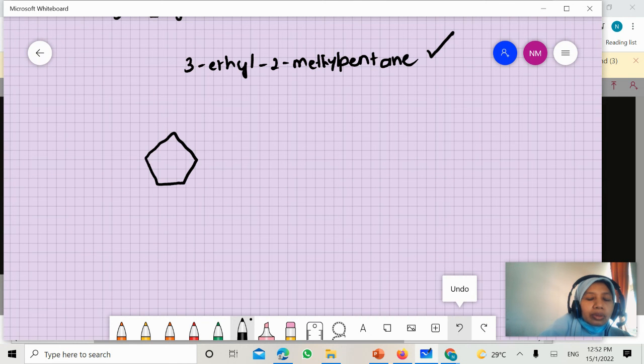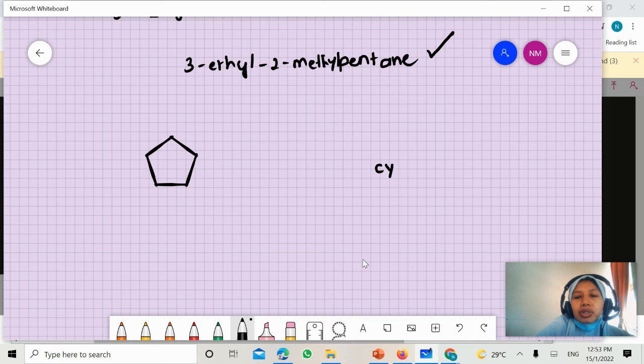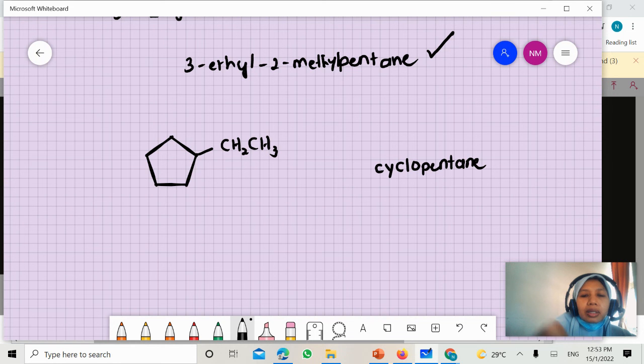Ada berapa carbon tu? 5. 1, 2, 3, 4, 5. So, automatically we know the parent chain is cyclopentane. Okay, cyclopentane. Why is this the parent chain? Because it has 5 carbons.